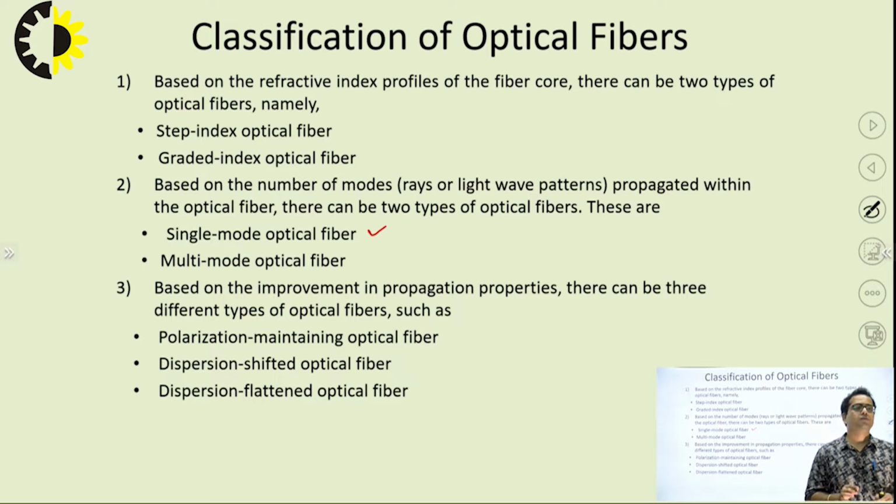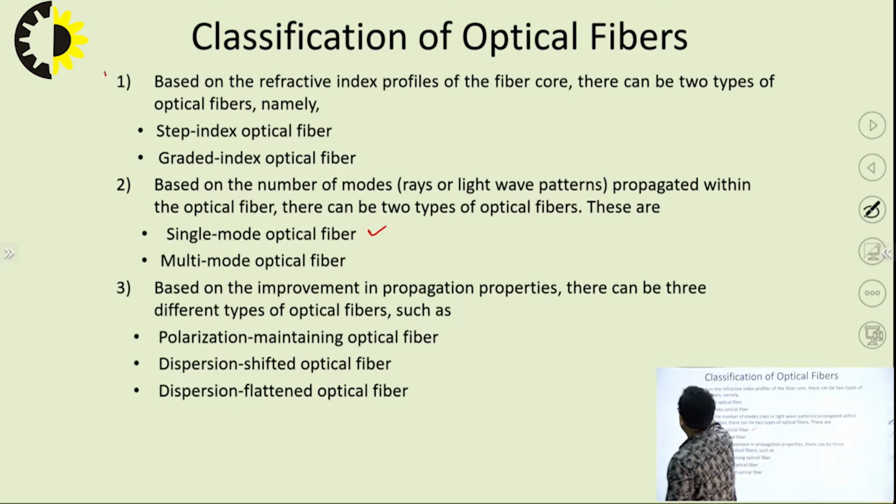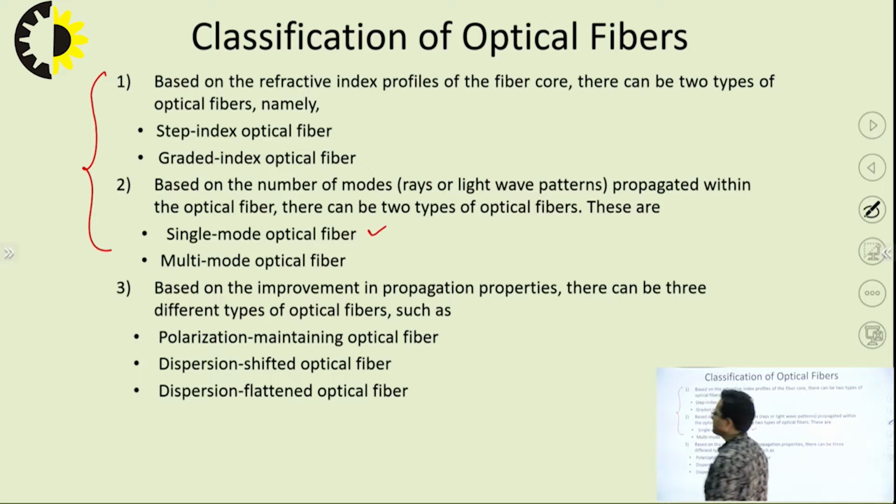Basically, in this module we will concentrate on the first two categories rather than moving into the deeper concepts of the third one, although we are going to discuss an overview of polarization maintaining fiber, dispersion shifted fiber, and finally dispersion flattened optical fibers. So our aim is to concentrate on these two categories.